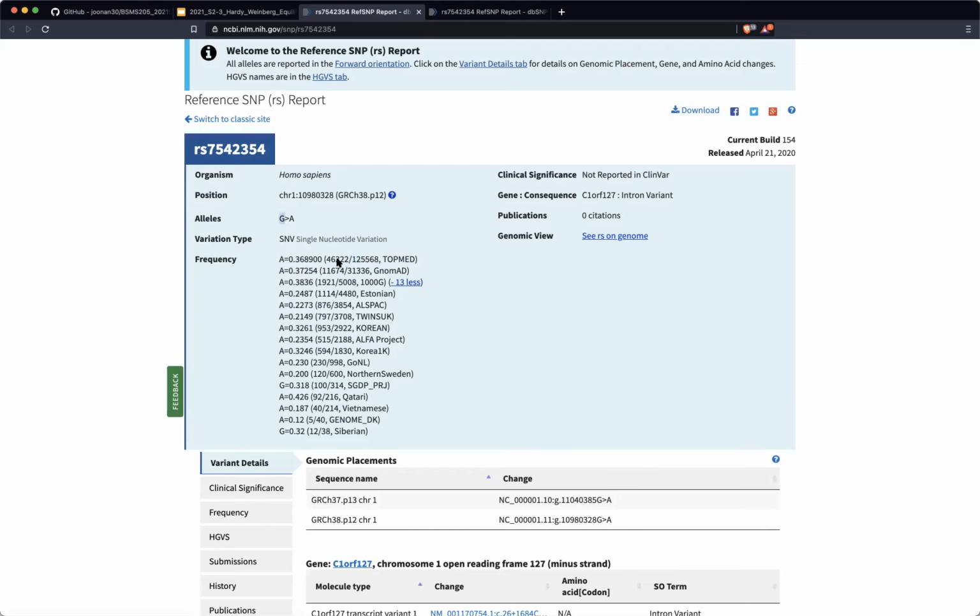But the thing you have to know is that these frequency values differ slightly by project, right? So TopMed is from the United States, gnomAD from the United States as well, 1000 Genomes from the international project, Korean is obviously from the Korean Genome, and Twins UK from the UK, and Korean 1K obviously from Korea, and GoNL is from the Netherlands, and Qatari from Qatar, and Vietnamese from Vietnam.